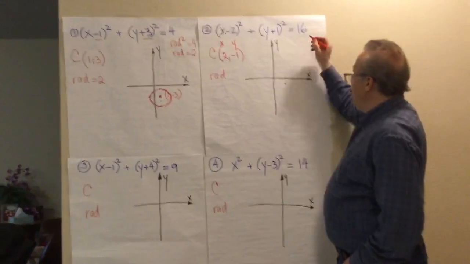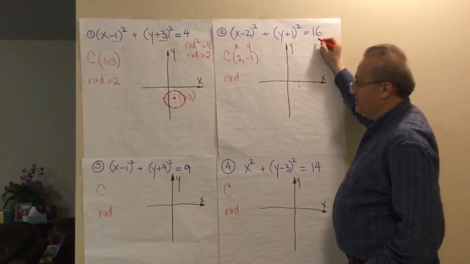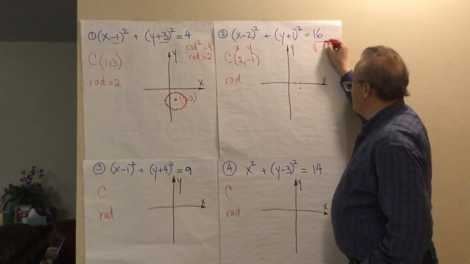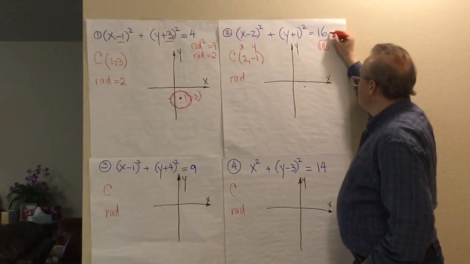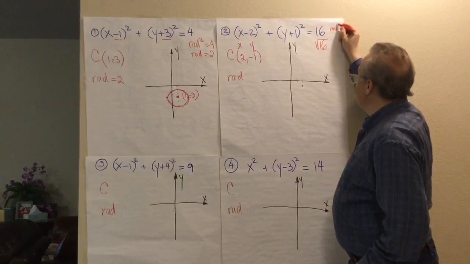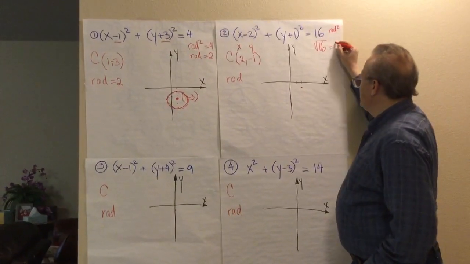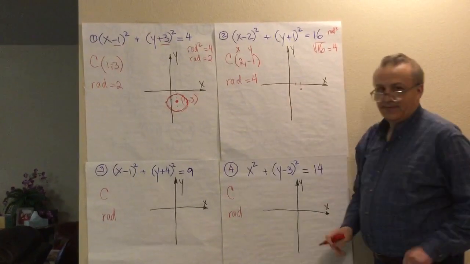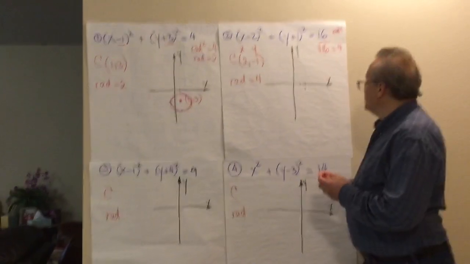All right? How big is my radius? I need to take the square root of 16 because this is the radius to the second power. The square root of 16 is 4. Therefore, my radius is 4. All right so far?